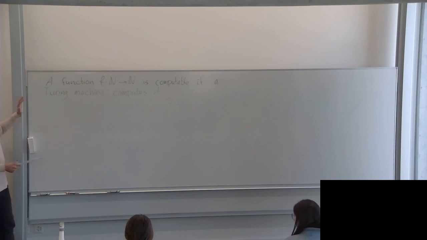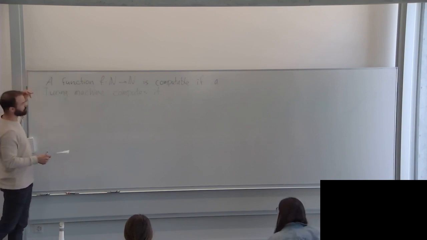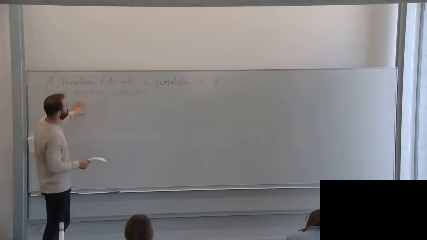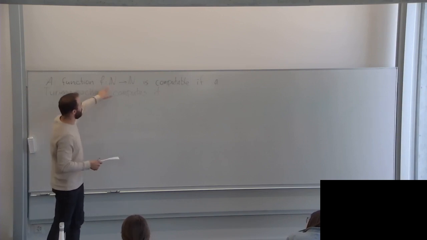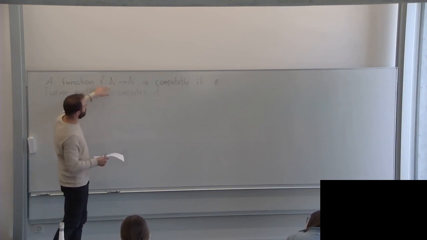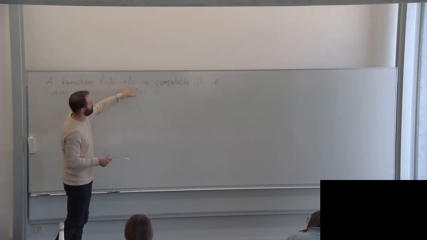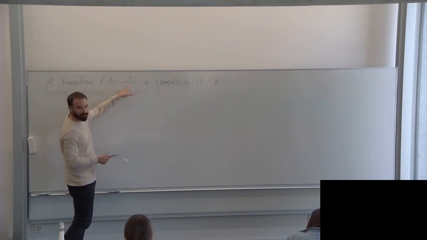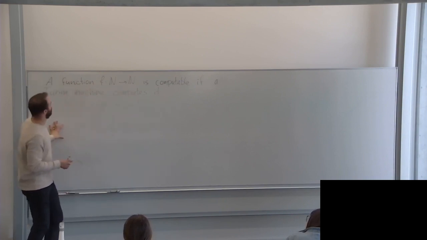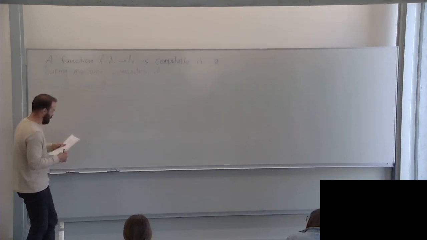And then we can say the function is computed by a Turing machine if that is basically encoding the input of the Turing machine, and that is going to be encoding the output of the Turing machine.